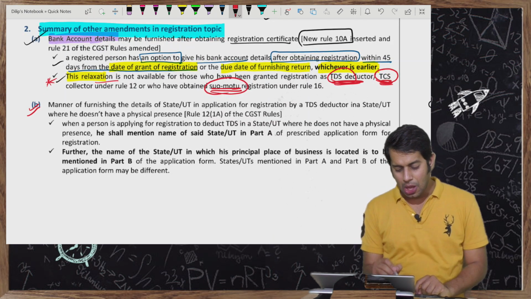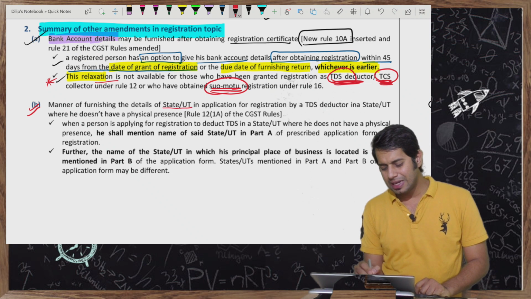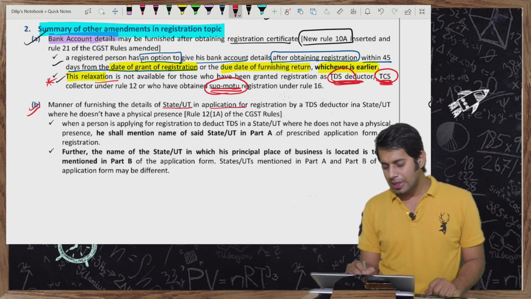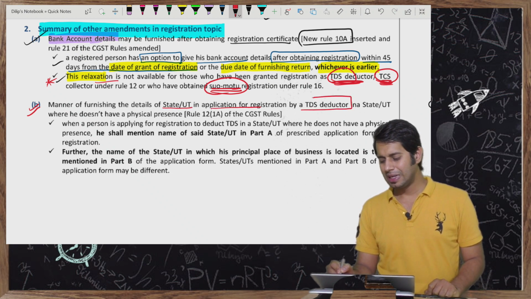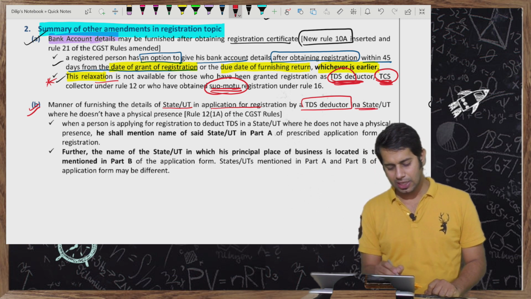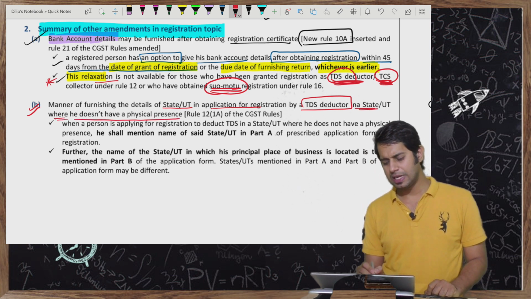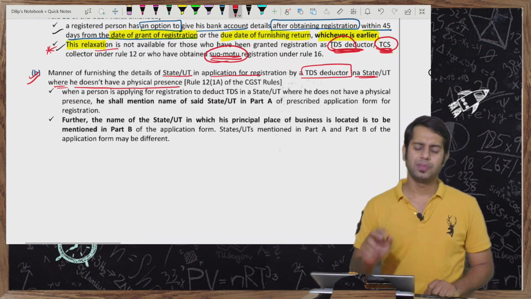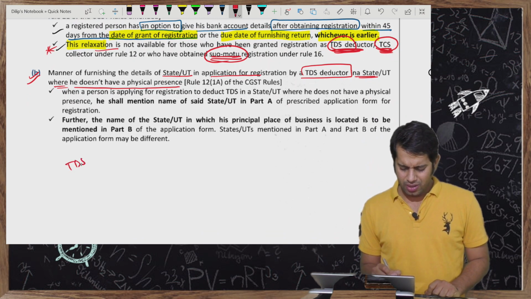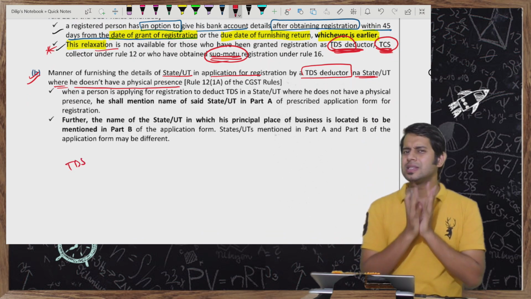Then second amendment, manner of furnishing the details in a state or union territory in the application for registration for a TDS deductor in the state or union territory where he does not have any physical presence. Now we all know that government is a person.